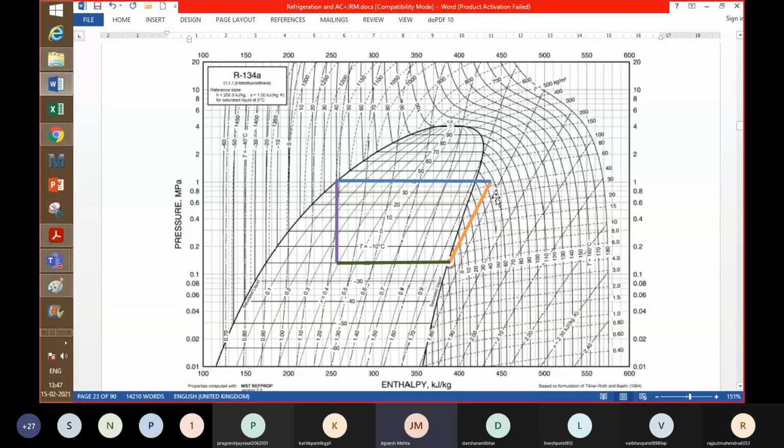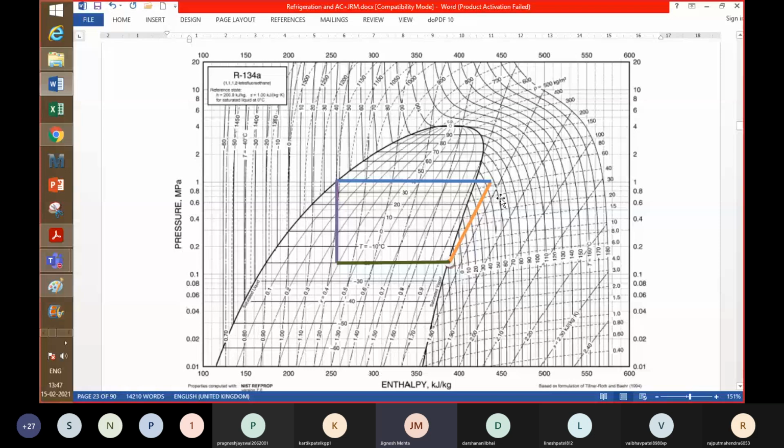Then you move along this line. Now, because the lines are diverging, what you will find is that delta H across the compressor in this case, where there is no superheating, will be higher than delta H for the next case where there is superheating, because the lines are diverging. Okay.